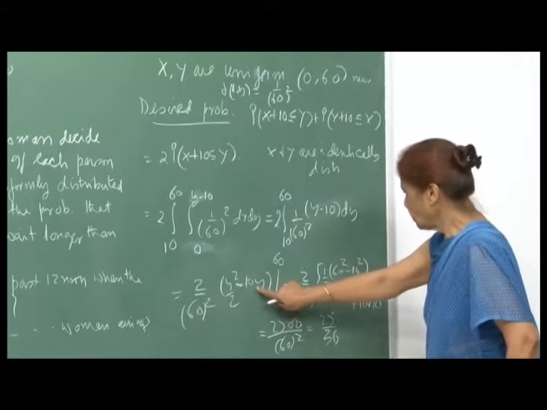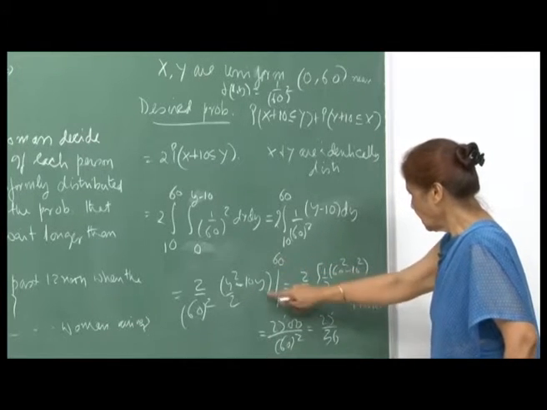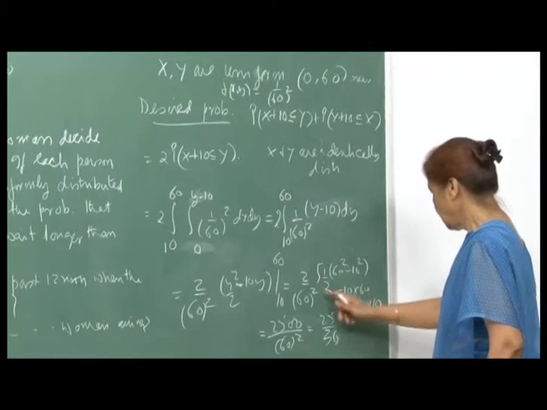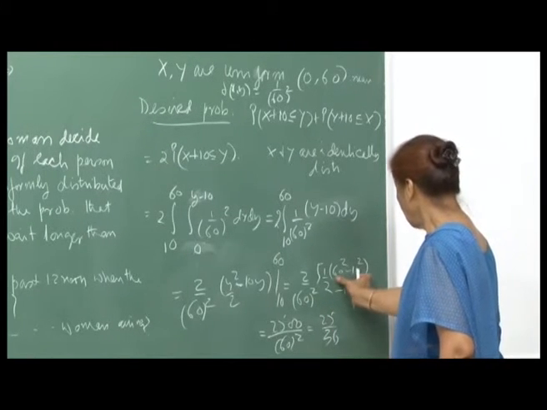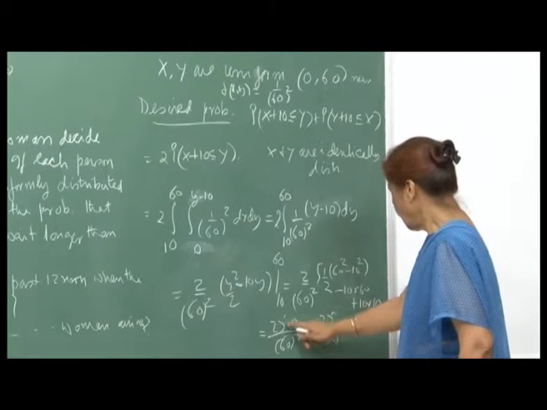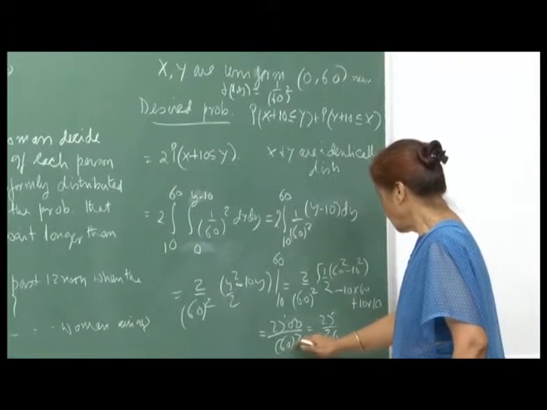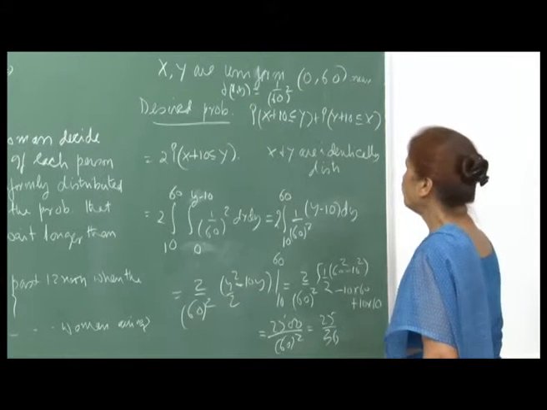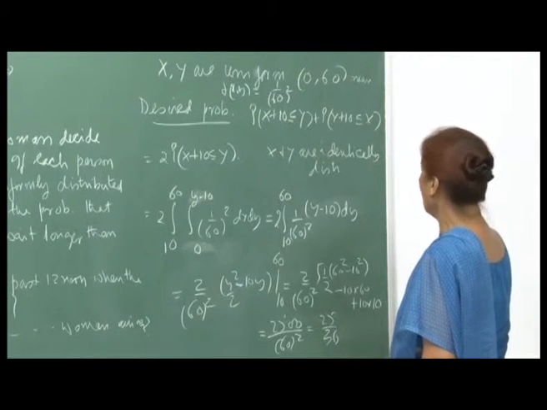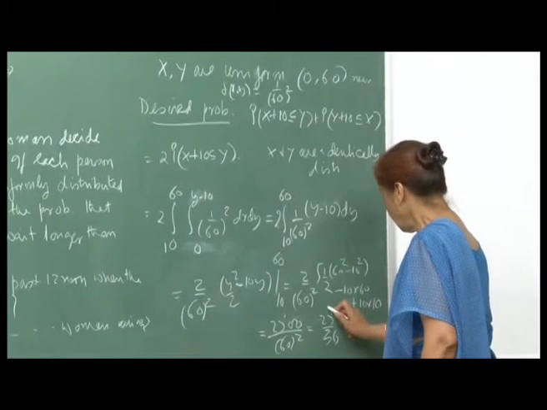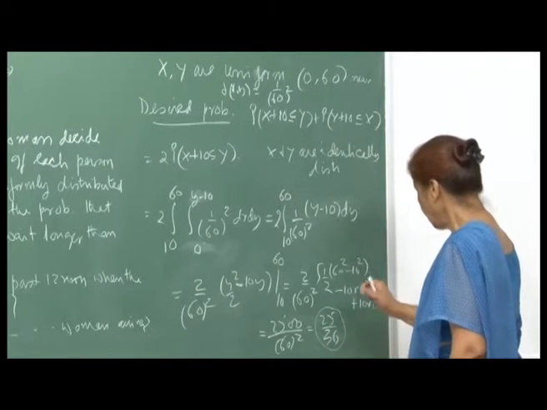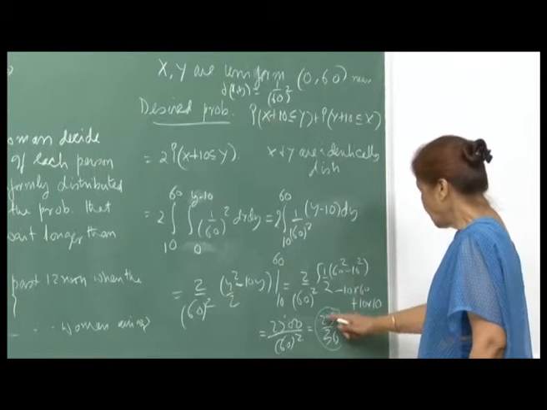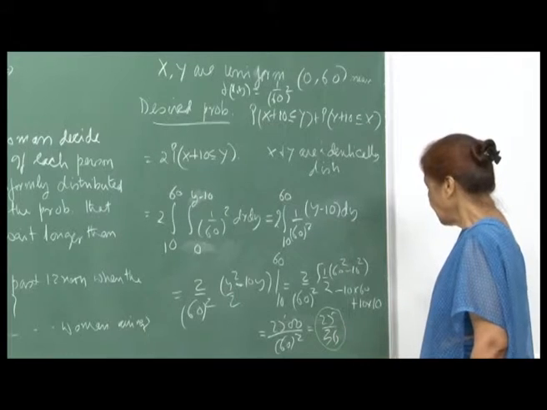So, when you compute this from 10 to 60, and simplify the numbers, this will become 2500 upon 60 square, and this is 25 by 36. So, the desired probability is this much. That means, whoever arrives first at the meeting place will have to wait for more than 10 minutes. The probability of that is 20 upon 36.